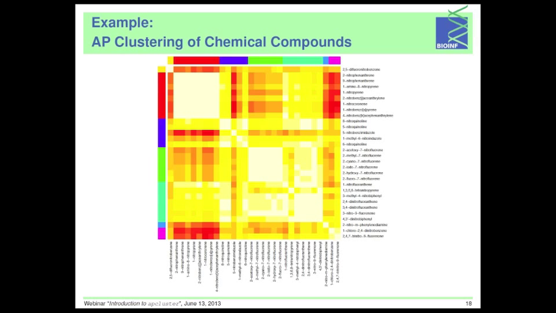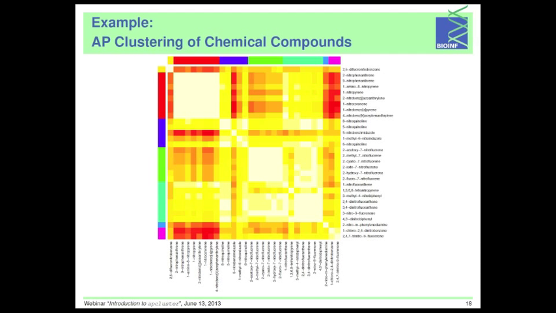What we also did, a colleague of mine, that's only a toy example, is a clustering of chemical compounds. You see all the names here, and I think the heat map pretty much shows that this is a quite good clustering. This is really complex data. We have a graph structure on which we have defined a graph similarity measure. I think it was some Tanimoto distance or something like that, for people who are working in this field.